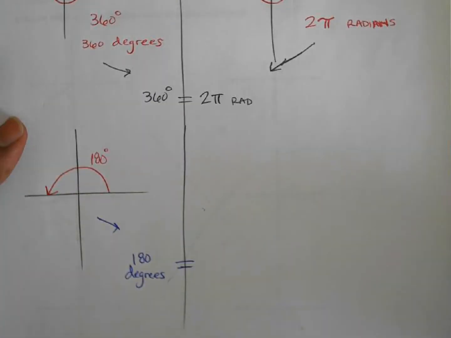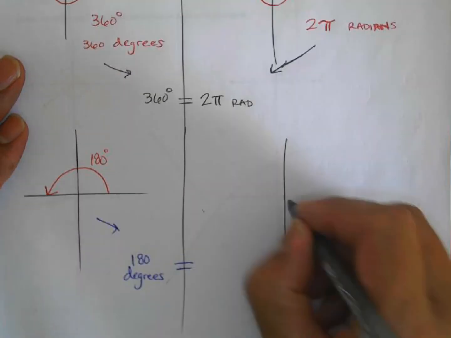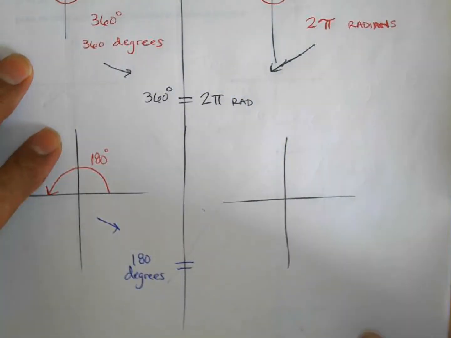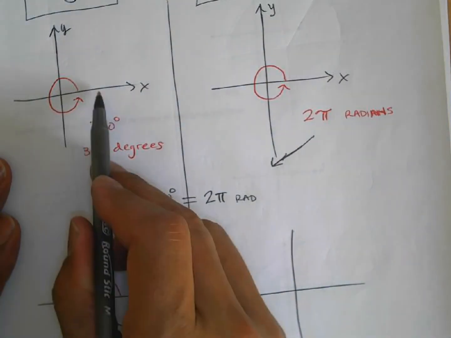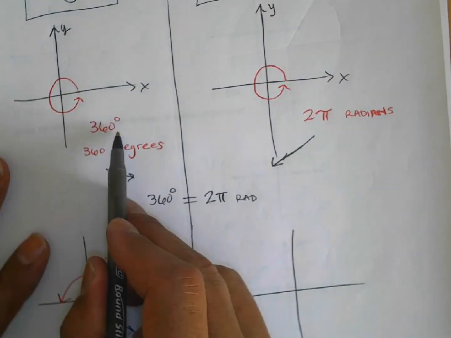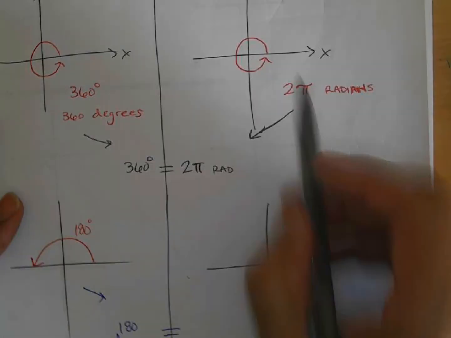Well, over here in radians, if I had 360 all the way around and I only want to go halfway, well, 360 divided by 2 is 180, right? So that makes sense for degrees.